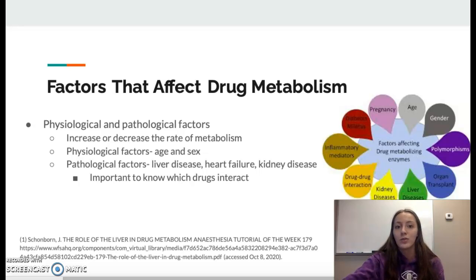The pathological factors include liver disease, heart failure, and kidney disease. An example of this would be the fact that cigarette smoking can speed up your metabolism and grapefruit juice can delay metabolism. So it's important to know which drugs interact because it could result in toxic drug levels when treating patients.